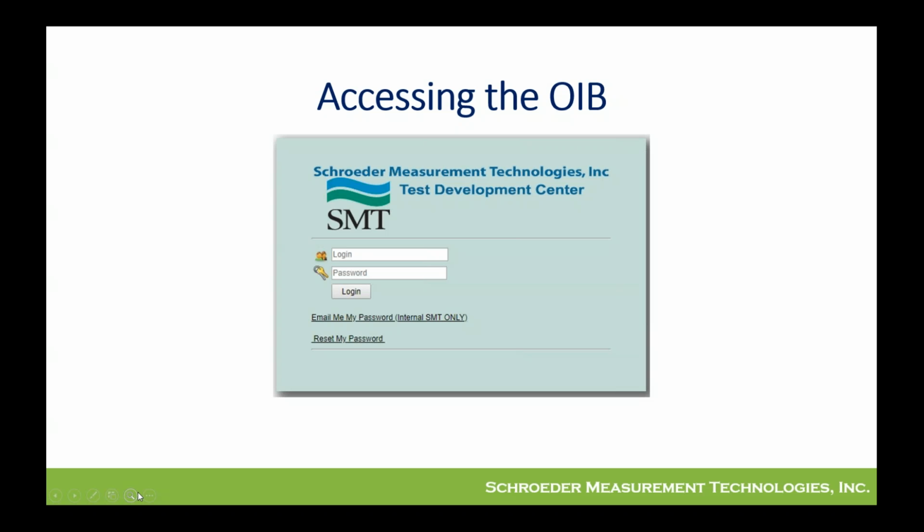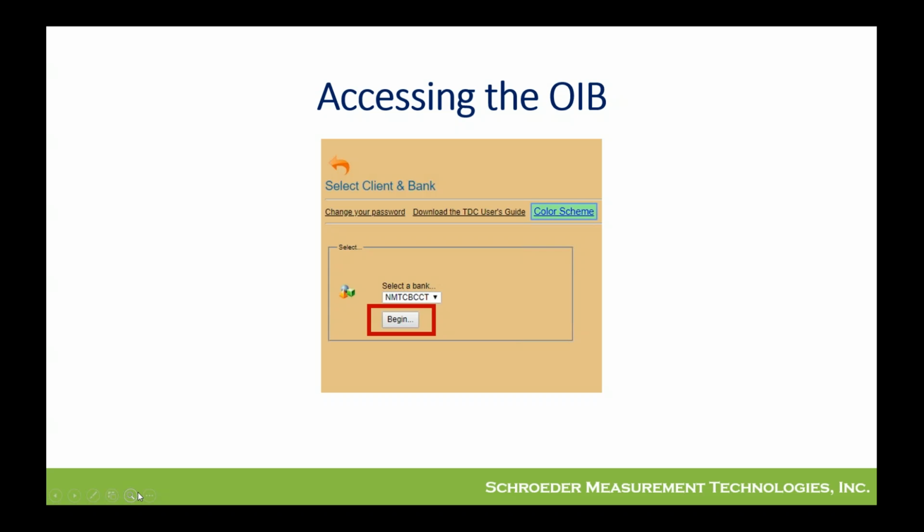To access the OIB, you will log into SMT's Test Development Center using the link, username, and password that you will receive via email. After logging in, select Begin.